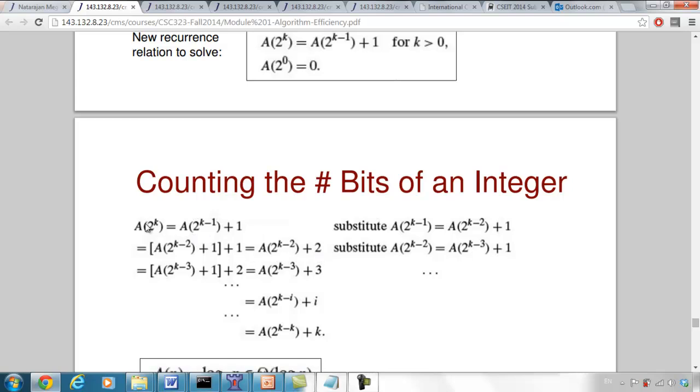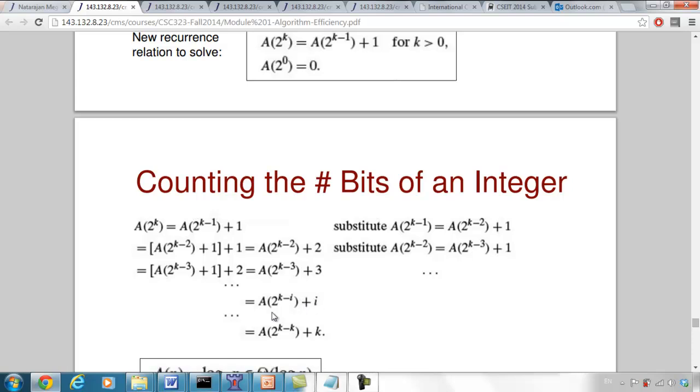Then similarly, I can replace k with k minus 2. I get a of 2 to the k minus 2 is a of 2 to the k minus 3 plus 1. So now I can replace a of 2 to the k minus 2 by a of 2 to the k minus 3 plus 1. So that is a of 2 to the k is a of 2 to the k minus 3 plus 2 plus 1. So that is 3. So you start seeing a pattern. So in general, I can say a of 2 to the k is a of 2 to the k minus i plus i.